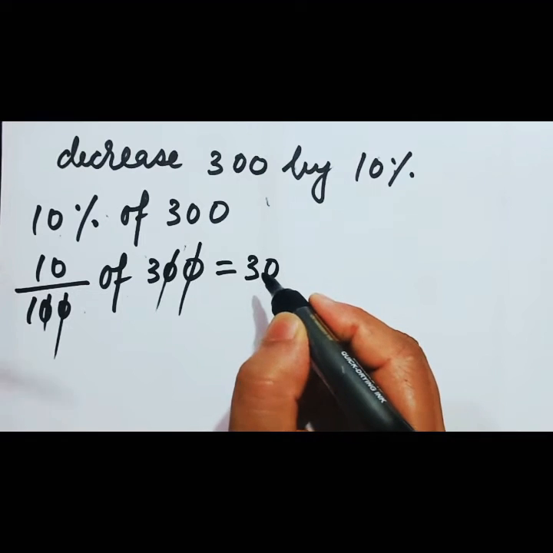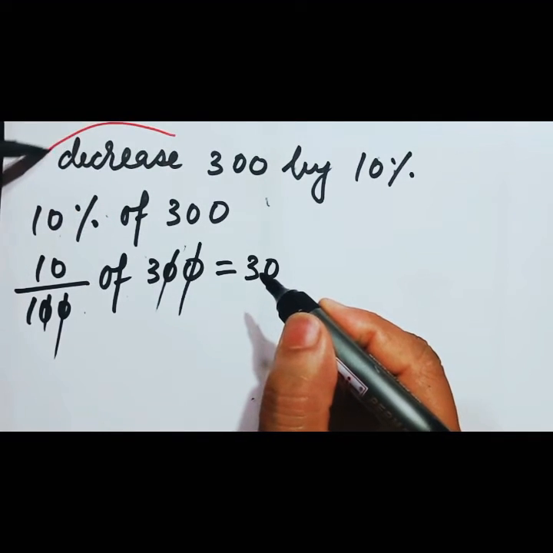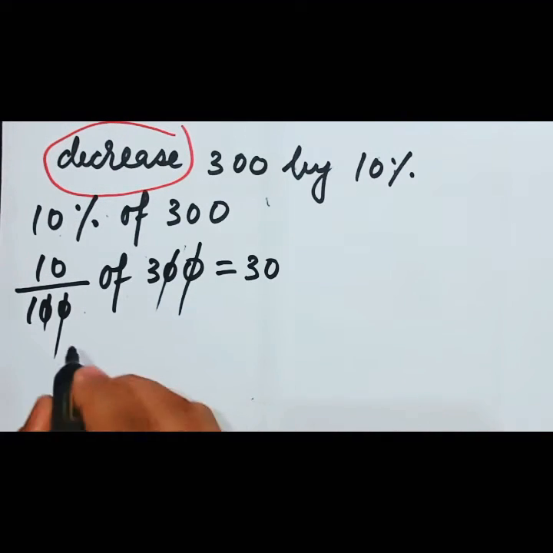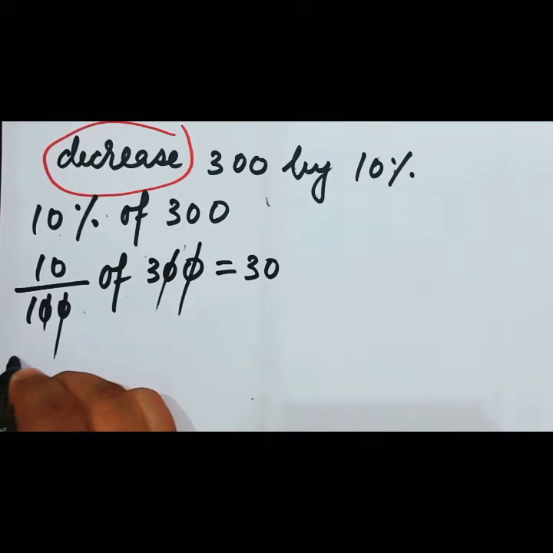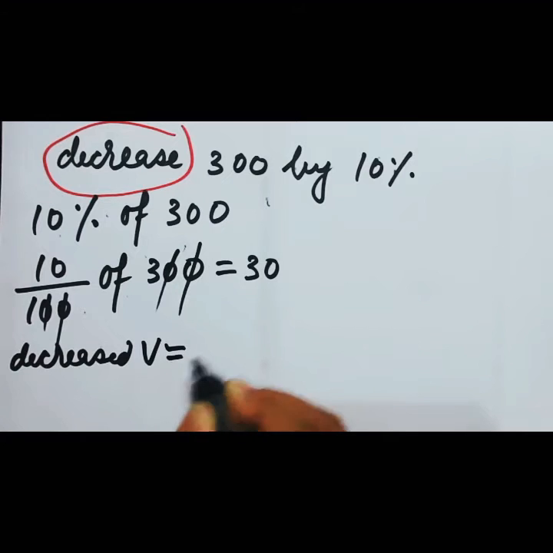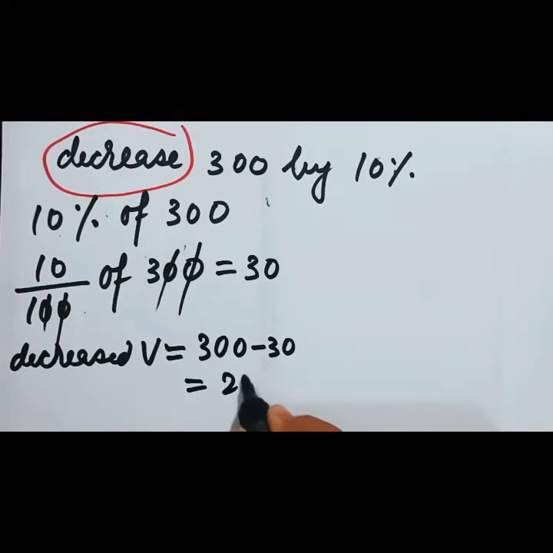Now since you are decreasing the value, from 300 we subtract, so the decreased value will be equal to 300 minus 30. So 300 minus 30 will give you 270.